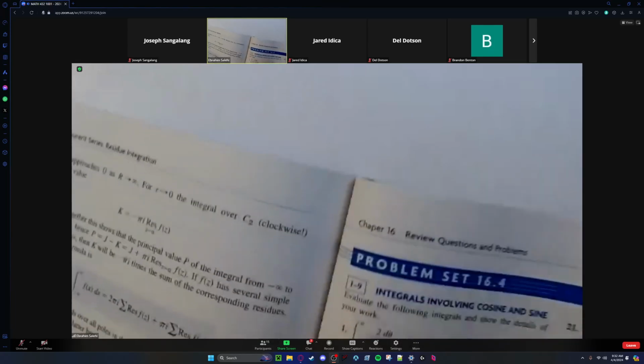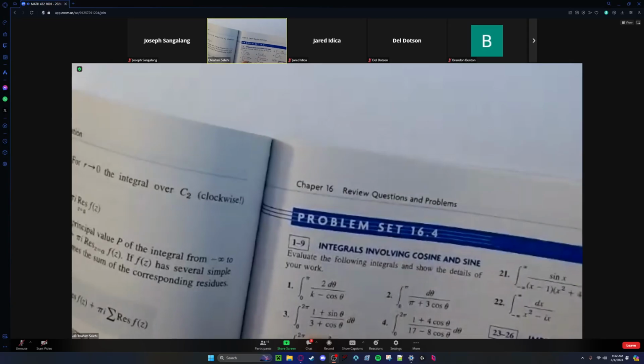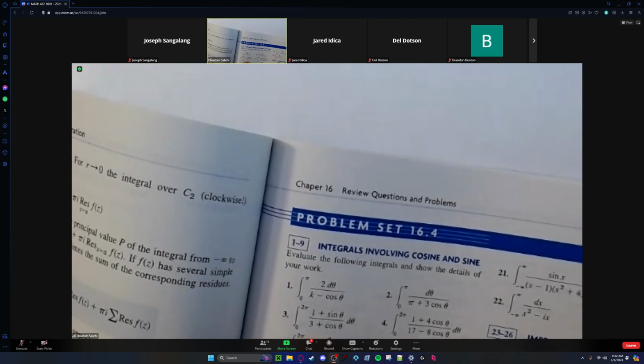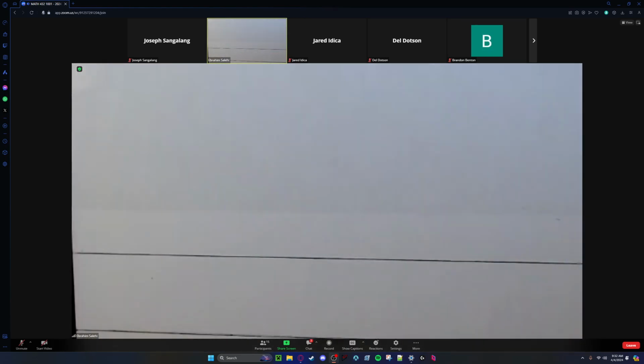Number 3. Yeah. Oh, this integral, 1 plus sine theta divided by 3 plus cosine theta. Good. Sure. This is a very good one. Let me at least set it up for you, Gail.